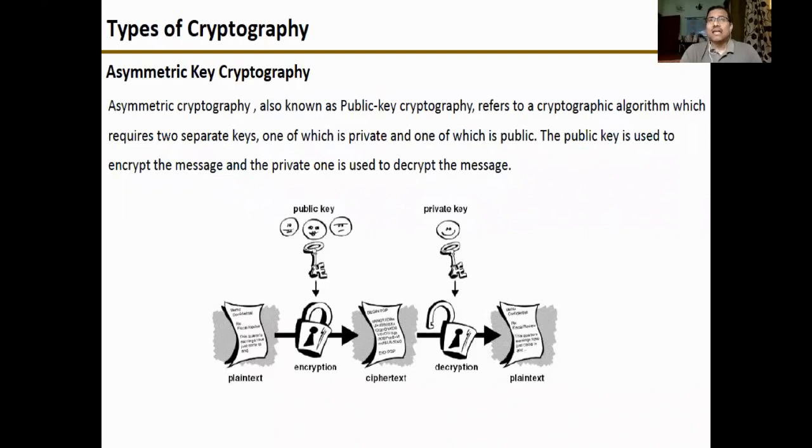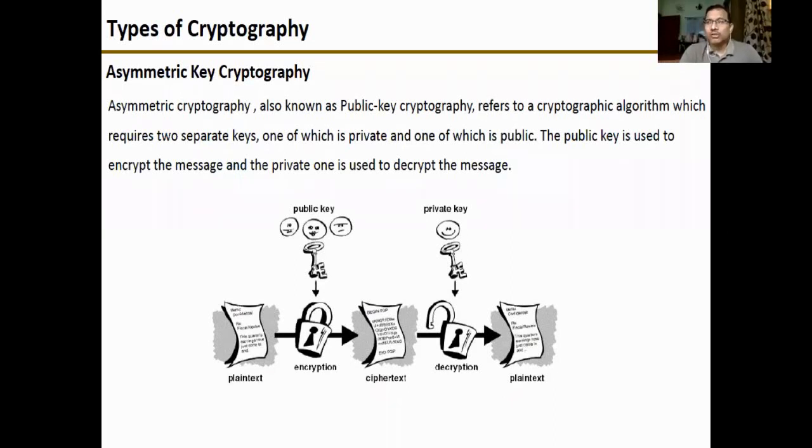Whether you name it public key cryptography or asymmetric key cryptography, instead of a single key, we use two keys. That's the name of public key cryptography, because in this cryptography we have two keys. One key is named a public key, and another key is named a private key.